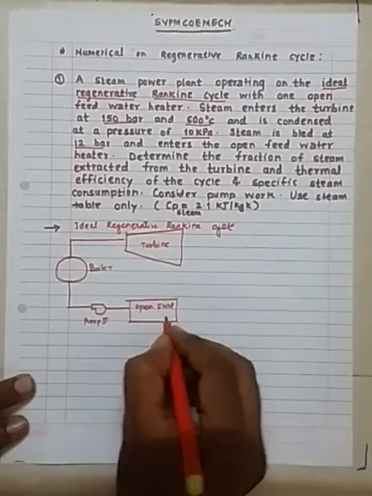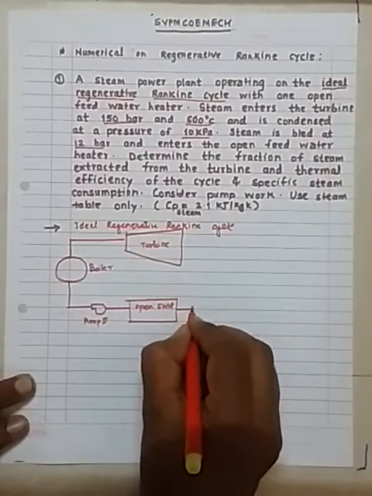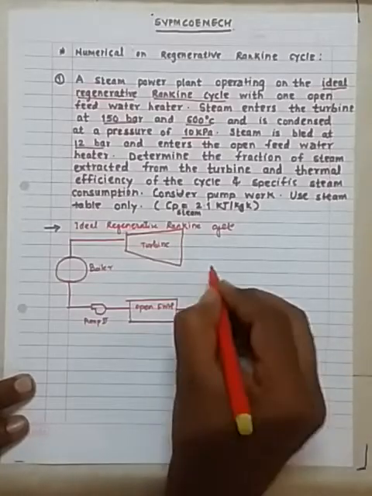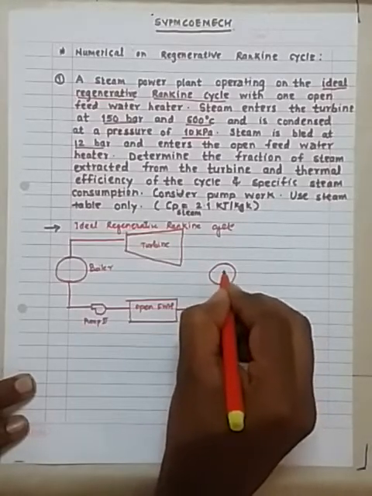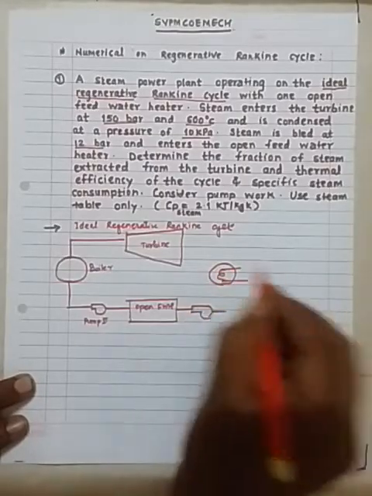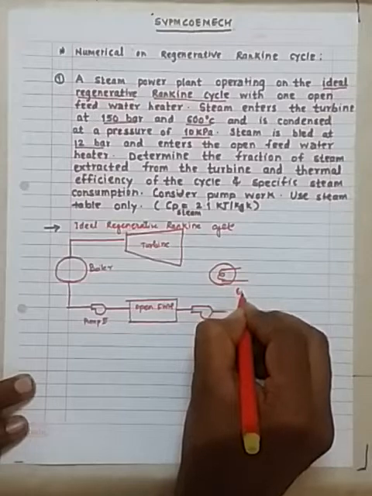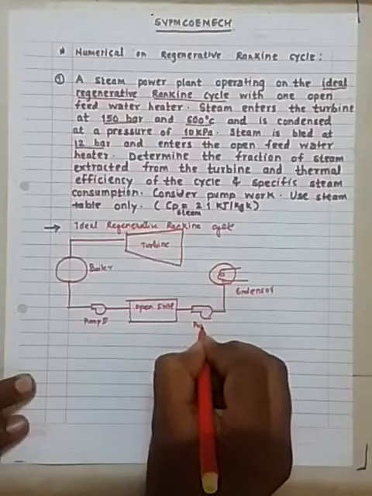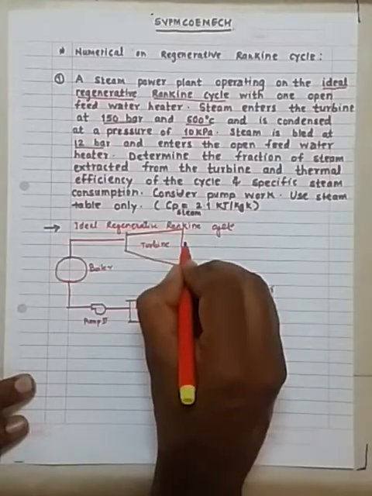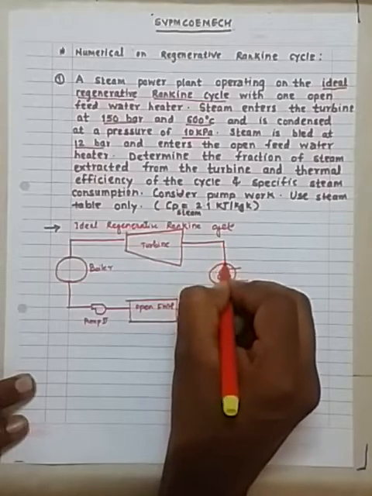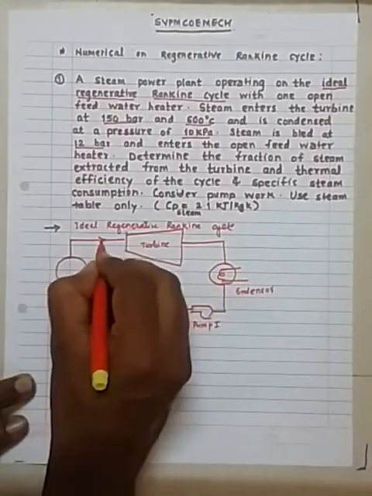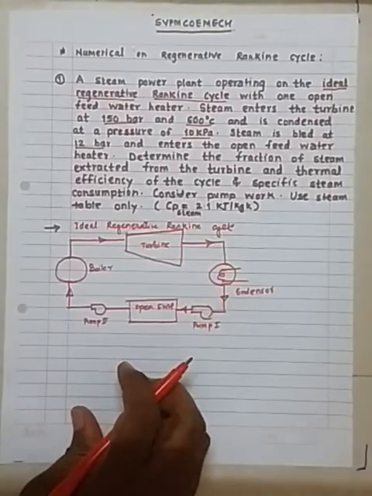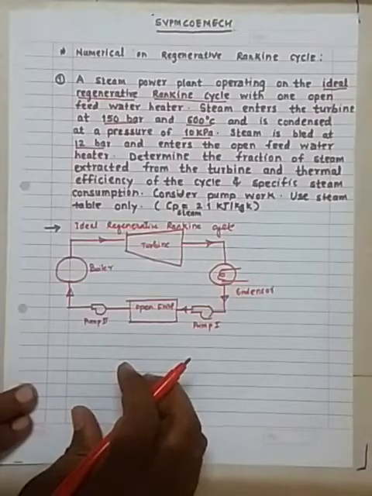This is the second pump, and here we have another pump, that is pump 1, and we can draw the condenser here. So this is the condenser, this is pump 1. These are the different elements in a regenerative Rankine cycle.